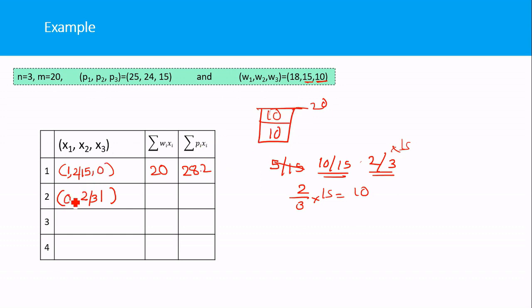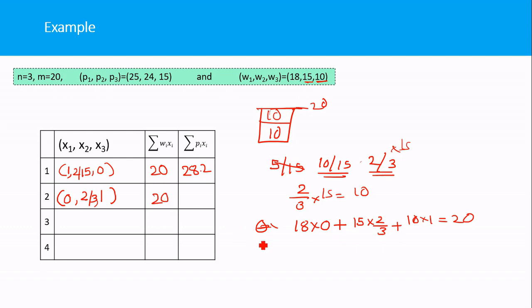Now let us see my total weight. 0 into the weight of the first item, 18, since I am not taking the first item. Then the weight of the second item is 15 and I am taking the 2 by 3rd fraction of it. The third item's weight is 10 and I have taken the entire third item. So my total weight is 20, so sigma of WiXi is 20.